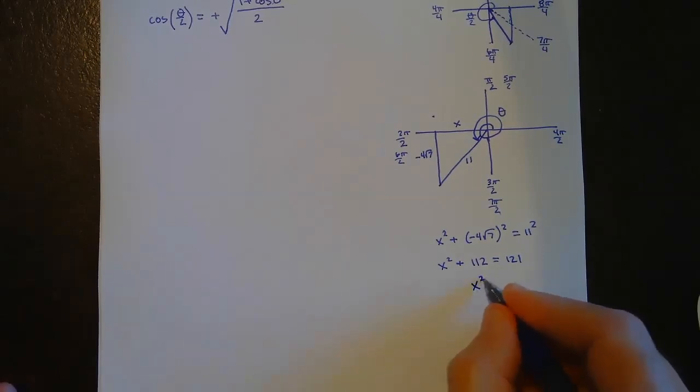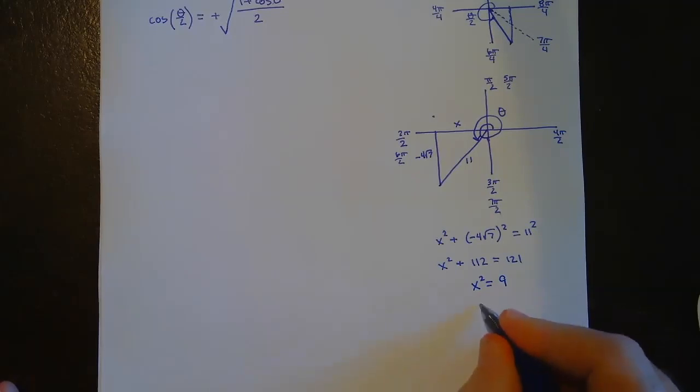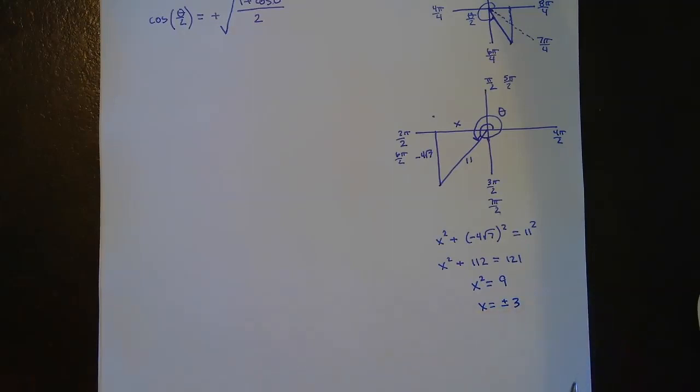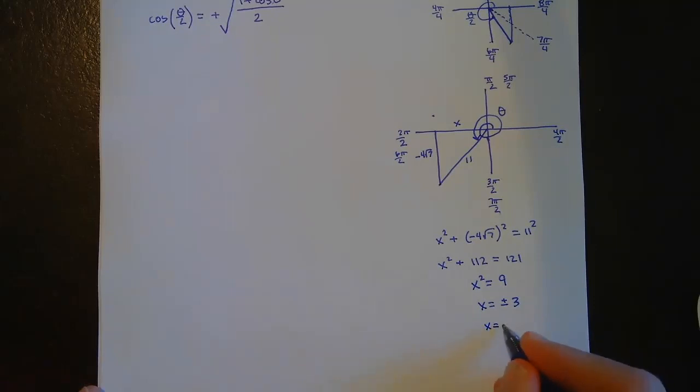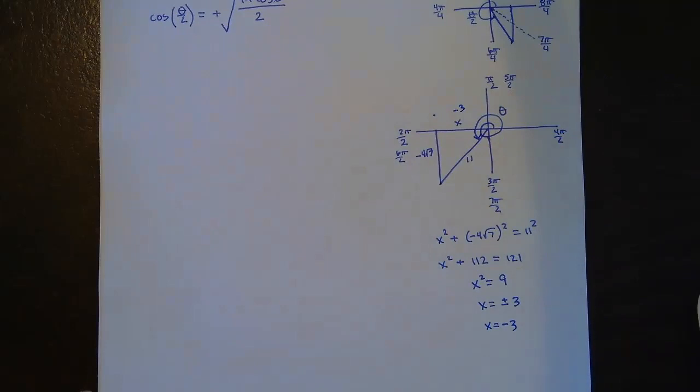That would mean x squared is equal to 9, which would mean x is equal to plus or minus 3. But it can't be plus or minus 3 because of the location. X must be negative 3.